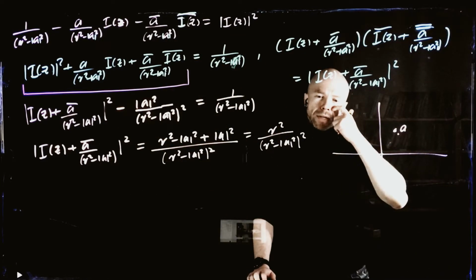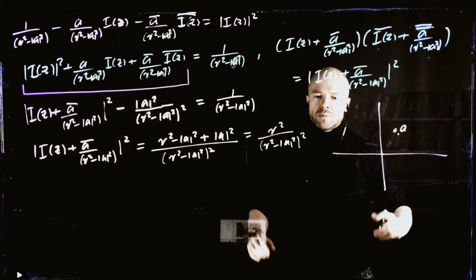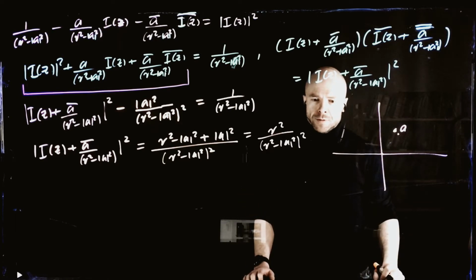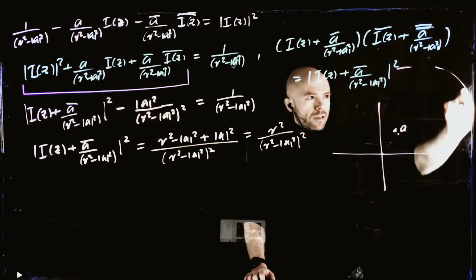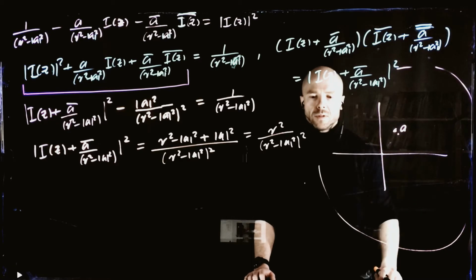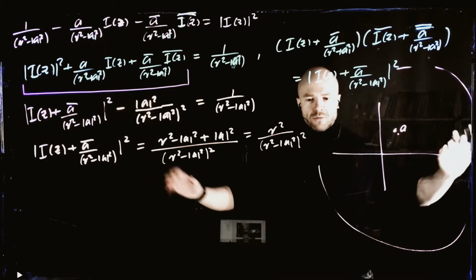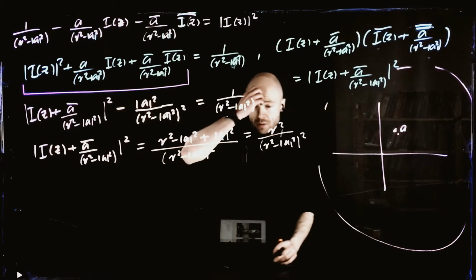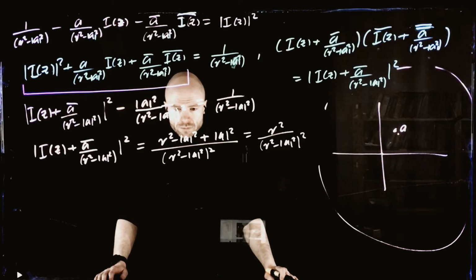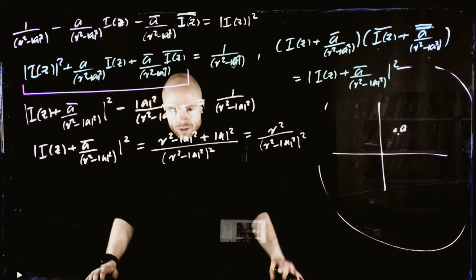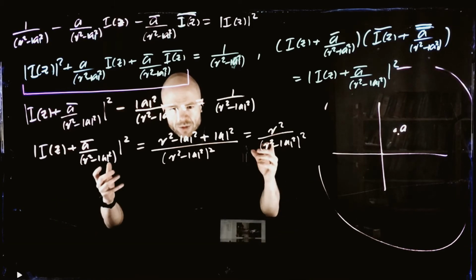What would we expect this inversion map to do to that circle? Suppose we have a circle which is going out like this. We'd expect this inversion map to send it to a small circle, right? It's still got to be a circle, but we expect it to be quite small.